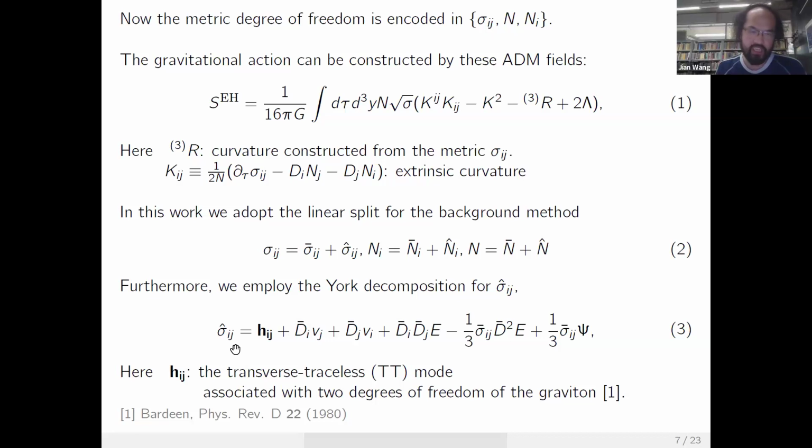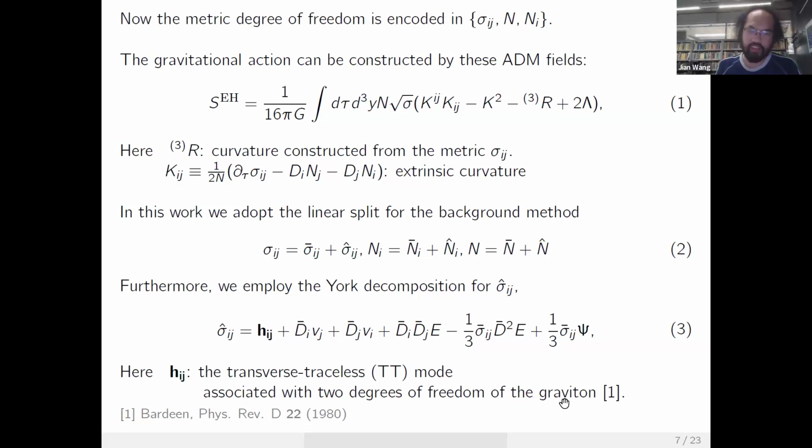In particular, we are interested in the h_ij mode, which is the transverse traceless mode. We know that this mode is gauge invariant. In addition, this mode is also associated with the two degrees of freedom of the graviton. This is the reason why we focus on the correlation function of these components in this talk, since it is really related to the physical degrees of freedom in observation.